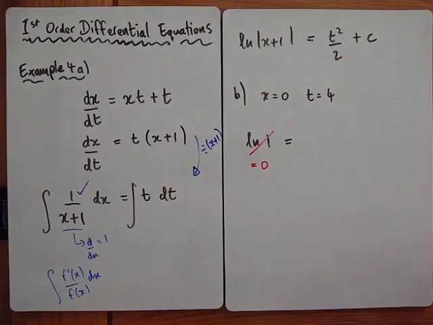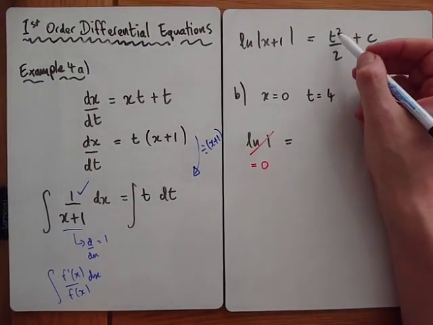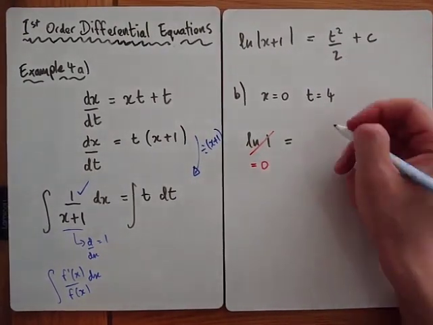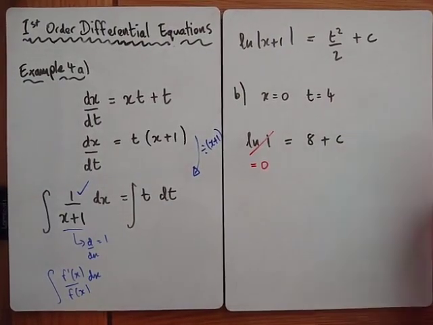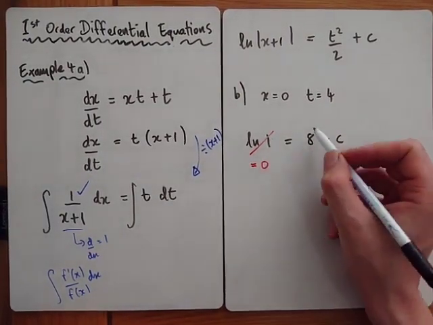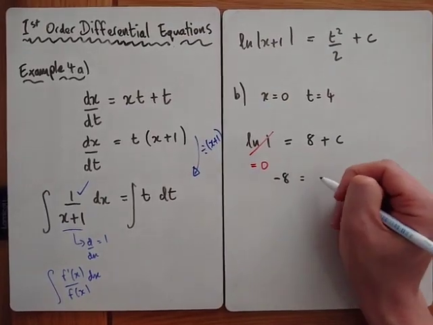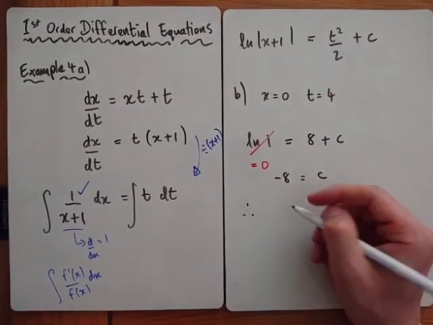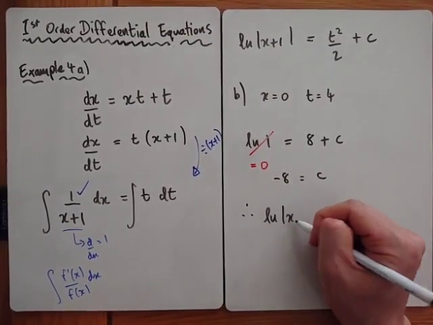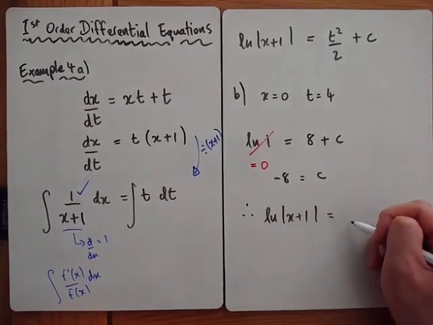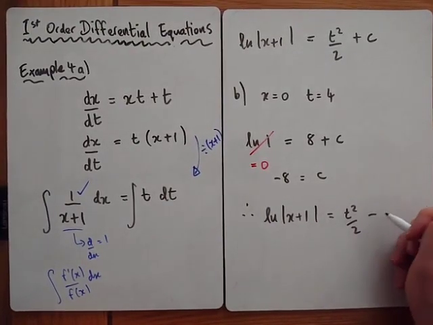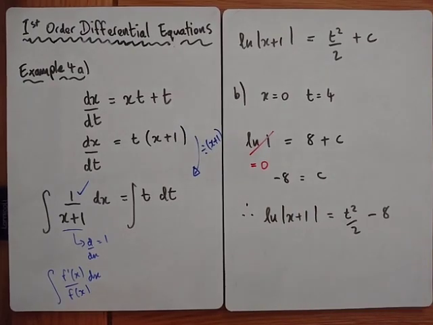So that would just become 0. 4 squared, 16 divided by 2, so that would be 8 plus c. So 0 on this side, subtract the 8, minus 8 equals c. Therefore ln modulus x plus 1 would equal t squared over 2 minus 8.